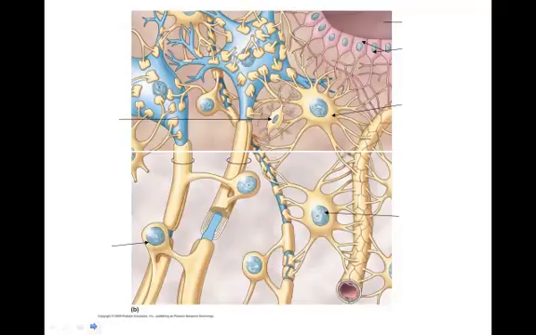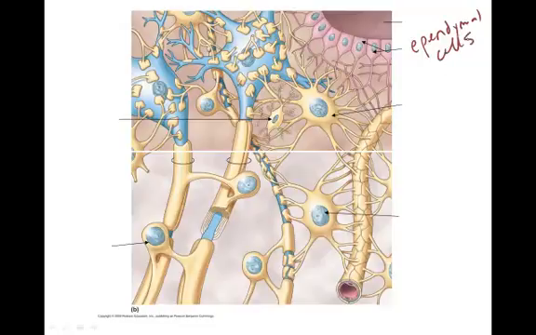This is a figure out of your text, and again, it just shows the close association between the actual neurons and the neuroglia. Up here we have the ependymal cells. What is the function of the ependymal cells?